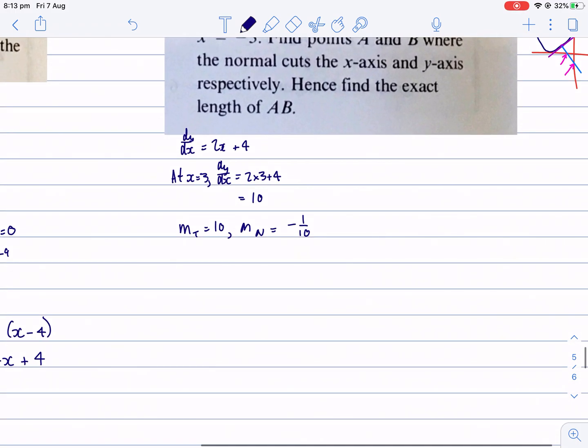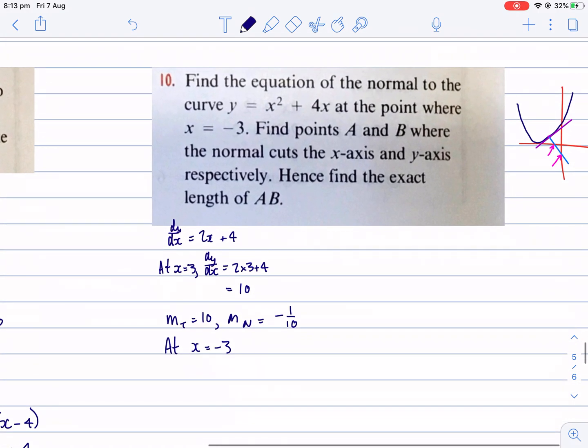Let's find the equation. y minus y1. Well, I don't know why, at x equals minus 3. Oh, I don't think I subbed minus 3 into this. 2 times minus 3 plus 4 is going to give us negative 2. That's a better number to work with. Means we have a gradient of the normal, which is a half.